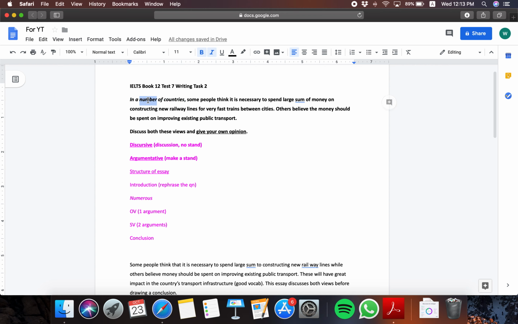You can change the part of speech of this word, or change the form of the words. Numerous countries is a noun phrase, obviously we can't change it. So, in numerous countries.